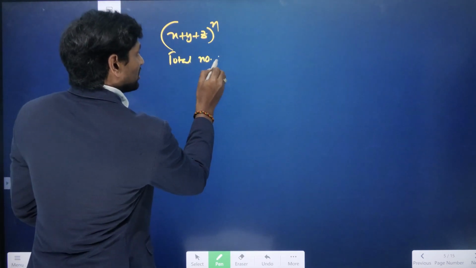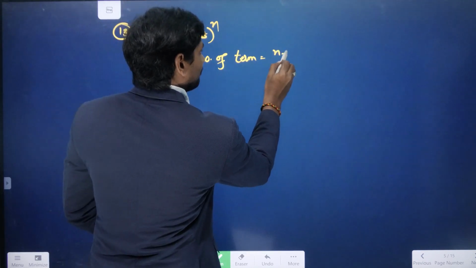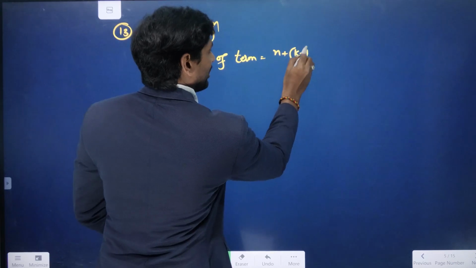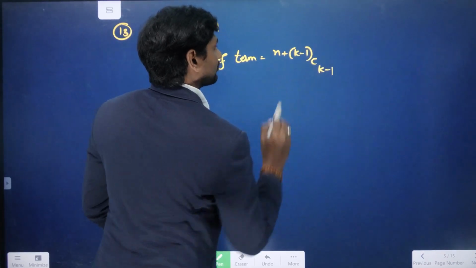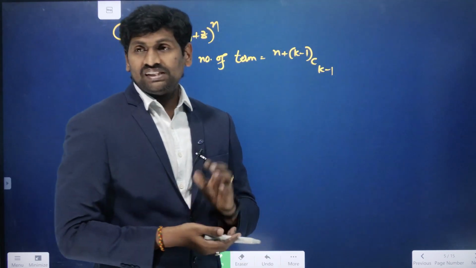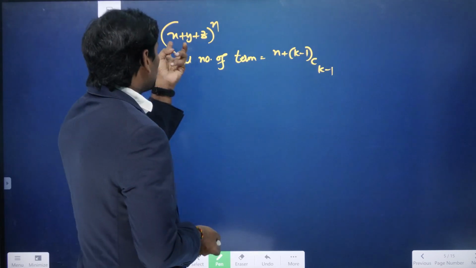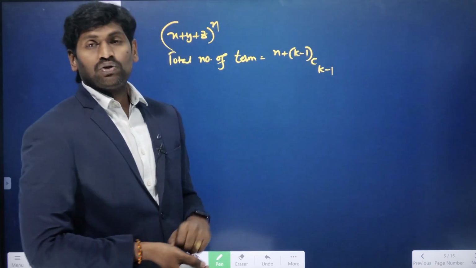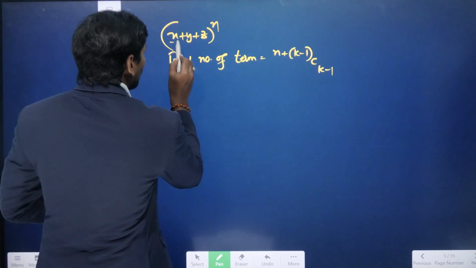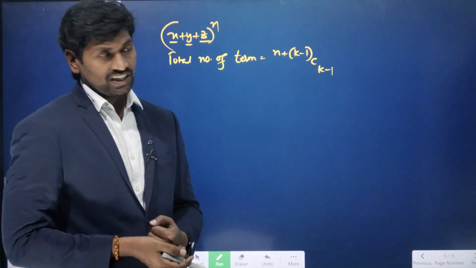We already discussed this in our previous class. So total number of terms equals (n plus k minus 1) C (k minus 1), where k is nothing but the total number of terms in the given polynomial. Here, how many terms are in the given polynomial? 3 terms. That means a trinomial is given.